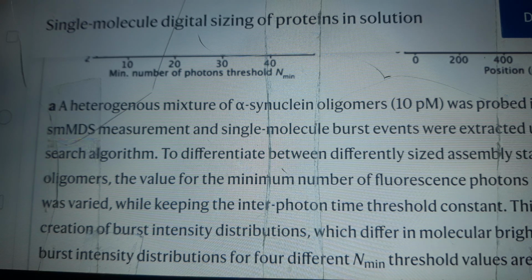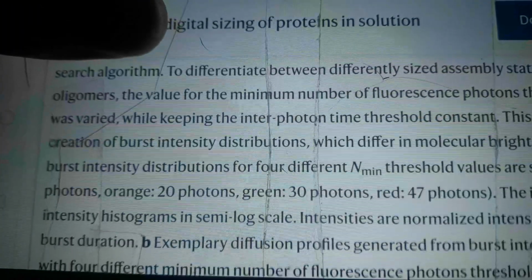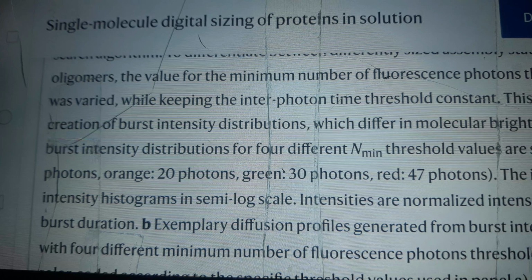To differentiate between differently sized assembly states of alpha-synuclein oligomers, the value for the minimum number of fluorescent photons threshold, N-min, was varied while keeping the interphoton time threshold constant. This allowed for the generation of burst intensity distributions which differ in molecular brightness.